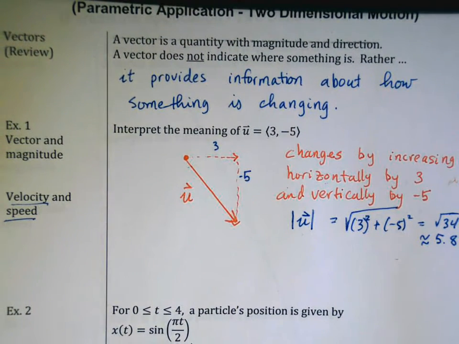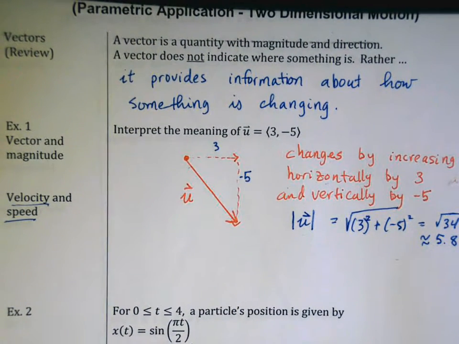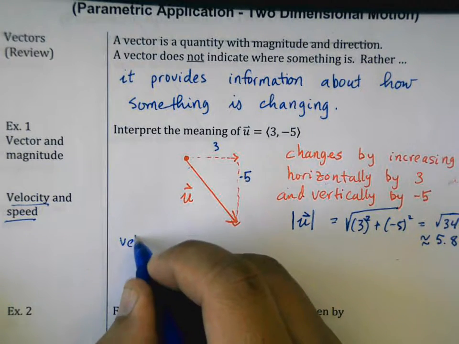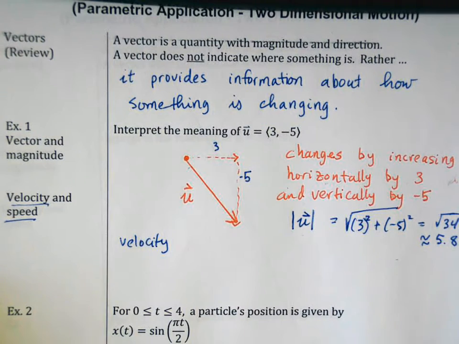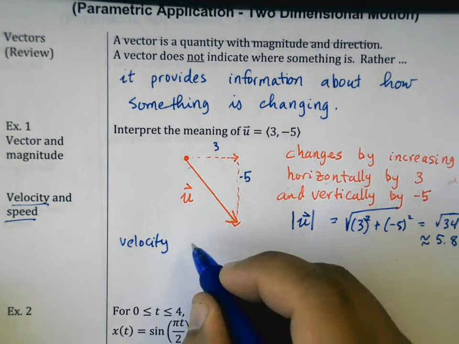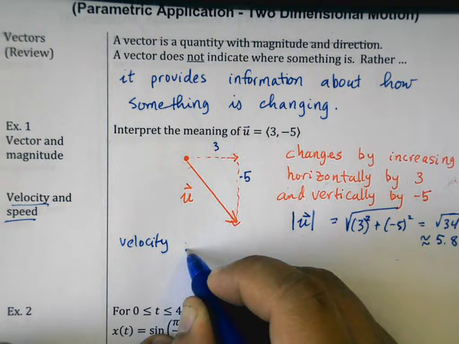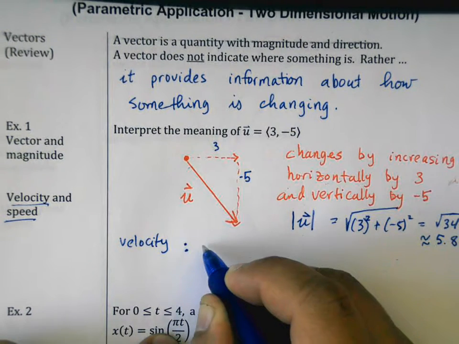When we learn about calculus, you're also going to learn a little bit of physics, because calculus and physics are intricately connected, and it's a very common way to teach calculus by learning some physics. We know from physics that velocity is the change in position with respect to time of a particle. And the velocity here is a vector.